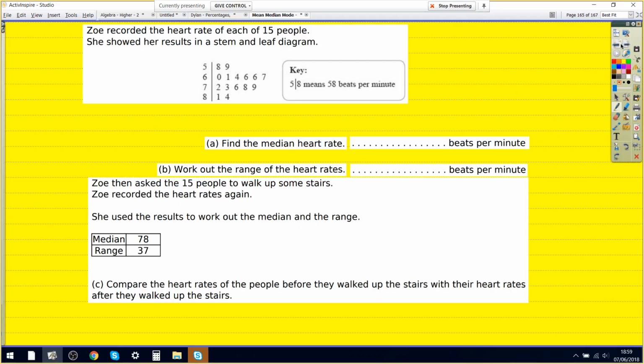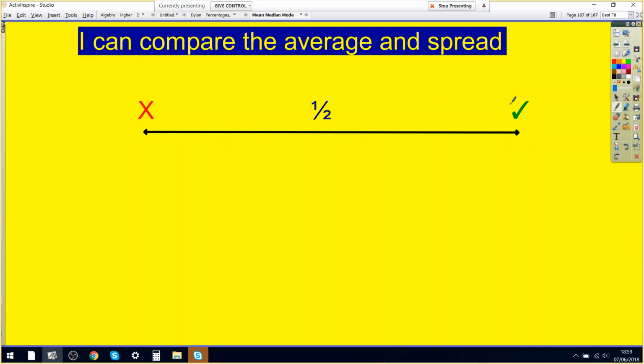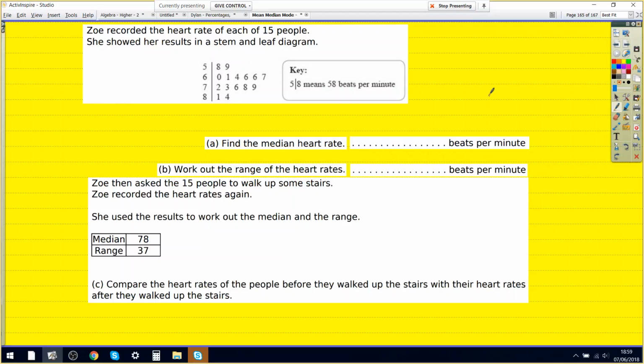And these ones were just some miscellaneous questions. I can compare the average and spread. I'll just throw it in. So this one, it was 67 and the range was 26. So this was when they were just sitting down, their heart rates, and then this was after they walked up some stairs. So compare the two medians, what's happened?